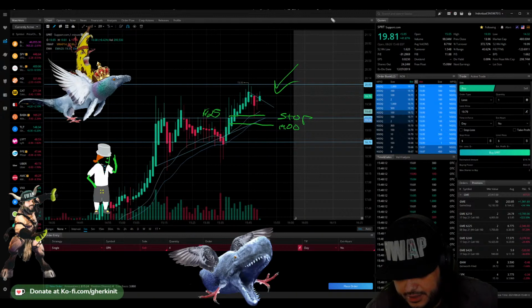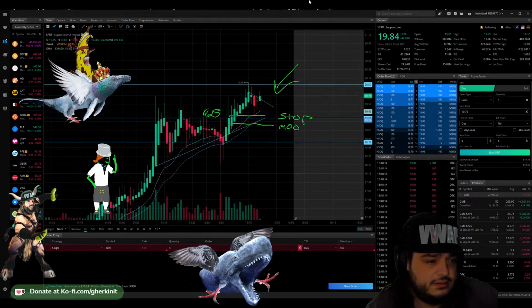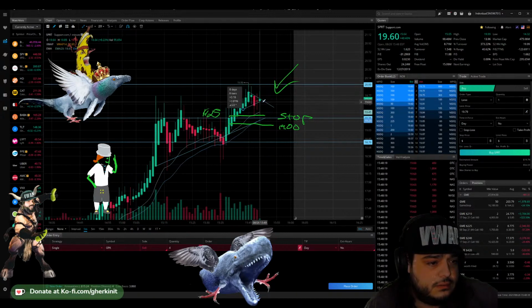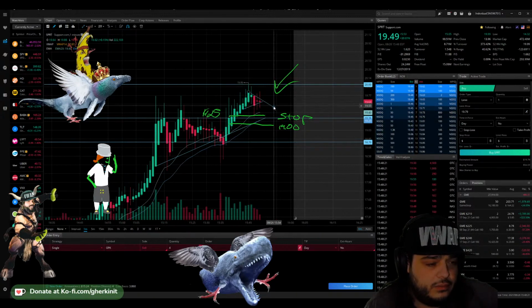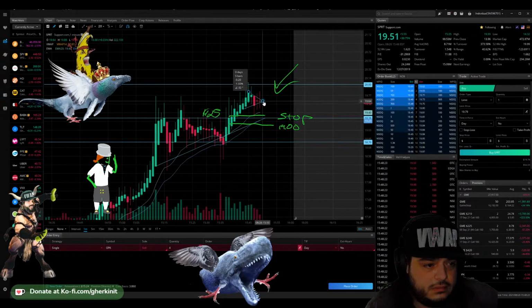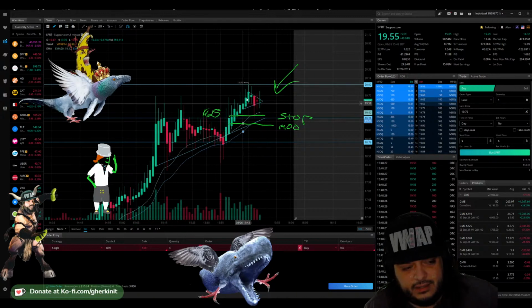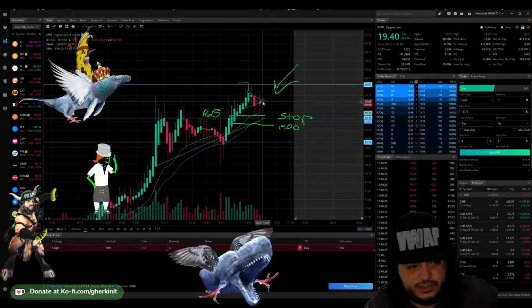And so this is already breaking out to the upside for another test at 20. We got our wedge there. Now remember, be ready to adjust this as the price action changes.